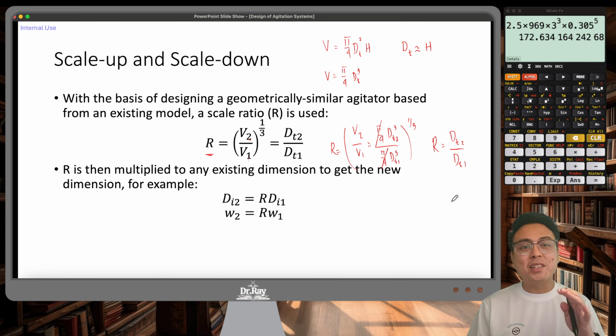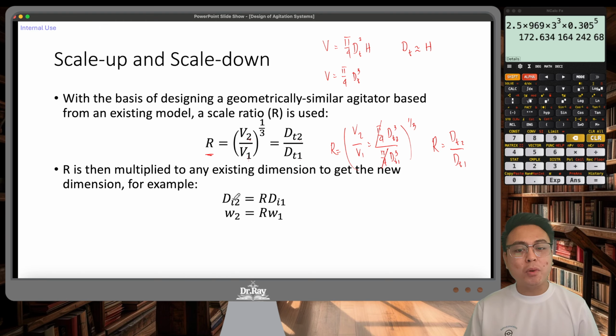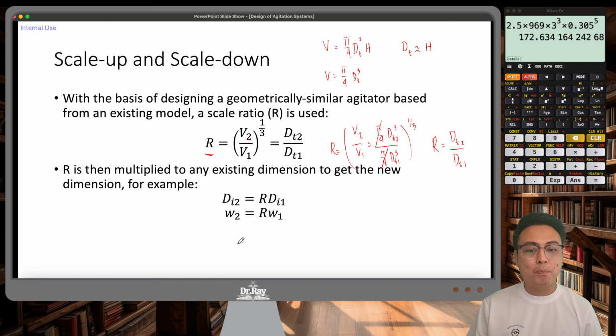all of the stuff inside of the tank will also scale accordingly, no? If the tank becomes bigger, the baffle would also become bigger. The blade width, the impeller diameter, all of those will get bigger, because this scale ratio R, you just multiply to the existing other parameters. Say, for example, if you want to get the new impeller diameter, that would simply be scale ratio R multiplied by the original impeller diameter. Same thing with blade width.